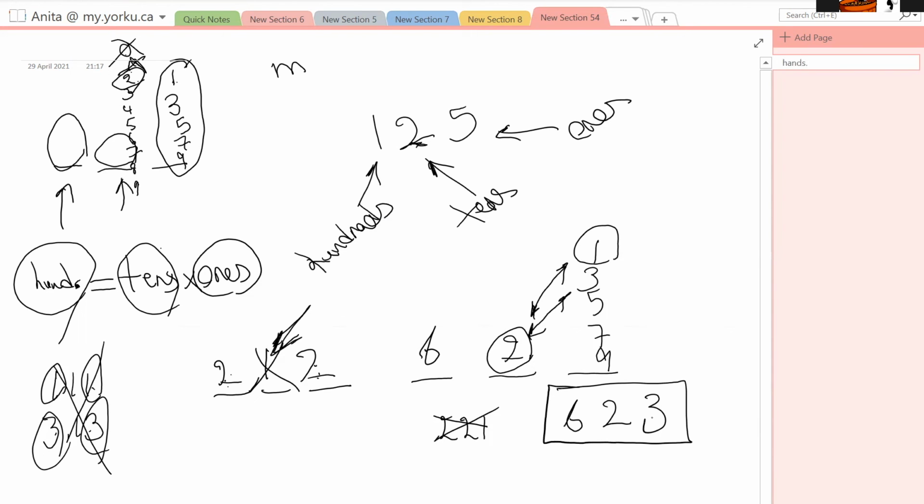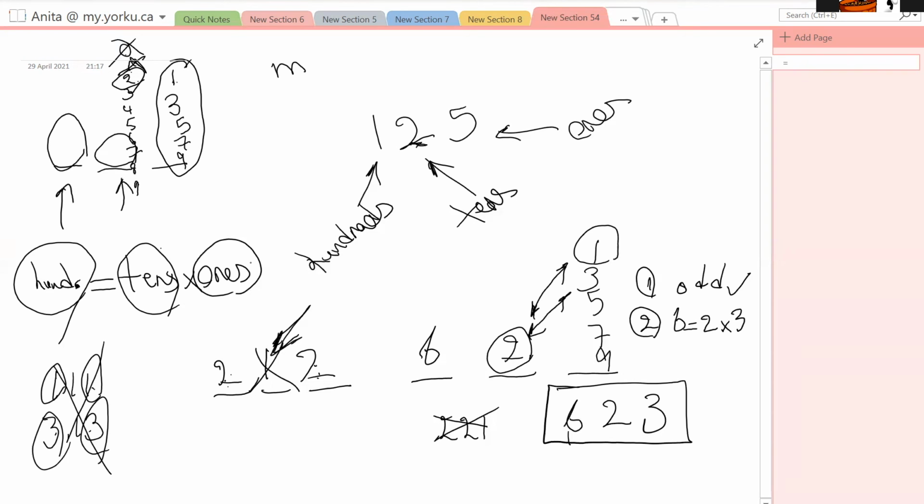Because see, ones is 3. It's an odd number first. Second, hundreds is tens times ones. So 6 equals 2 times 3, right? Hundreds is tens times ones.